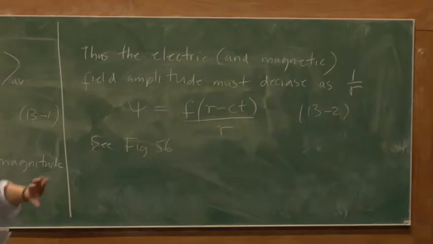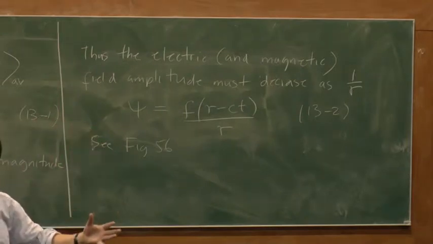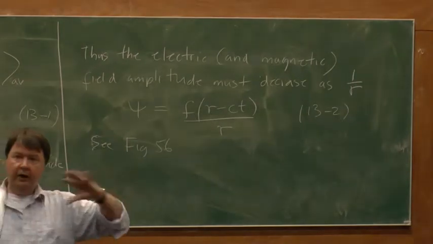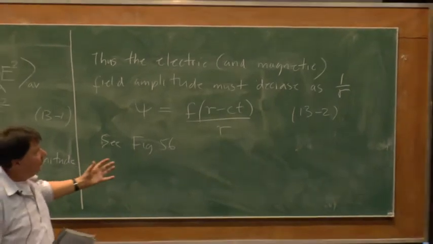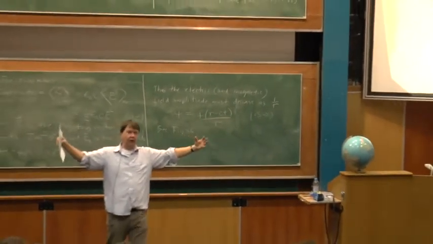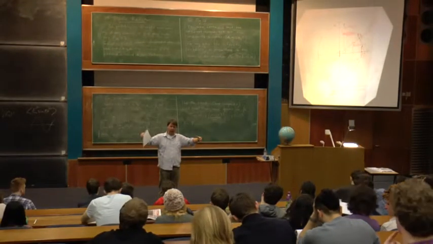So as I said, we're going to brush away this complicated angular dependence. The main feature is that the energy of the wave is radiating out over the surface of a sphere. So therefore, by conservation of energy, as the sphere gets larger and larger, the intensity has got to be dropping off as 1 over r squared.